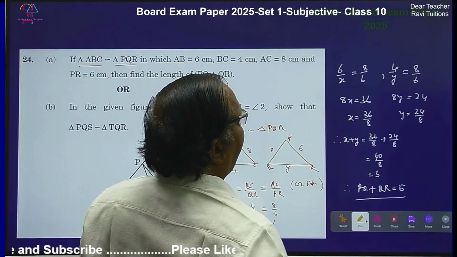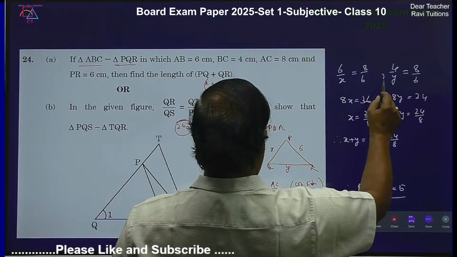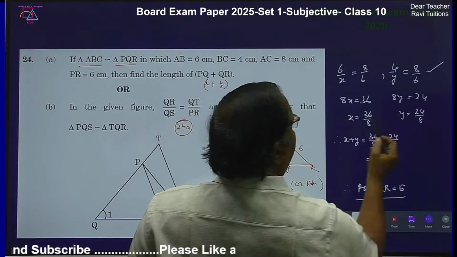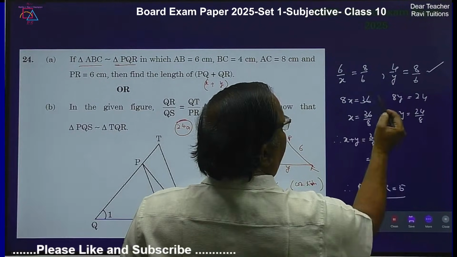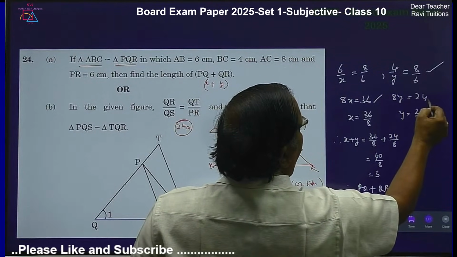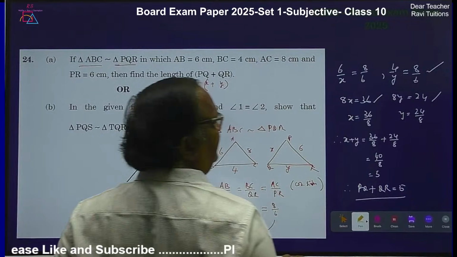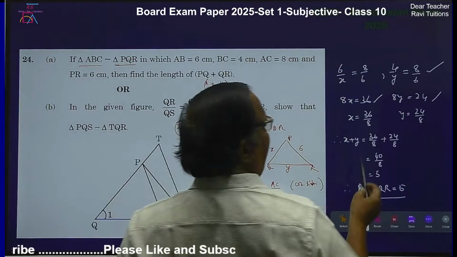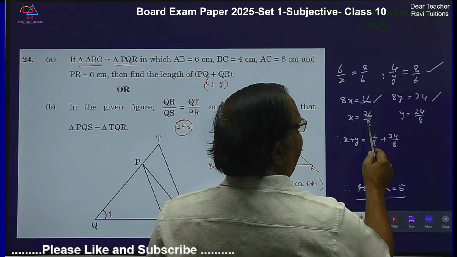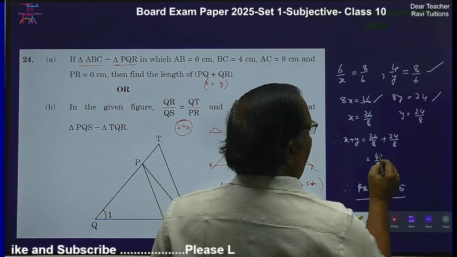So 6 by x is equal to 8 by 6. 8 by 6 is correct. 6 by x, 4 by y, this is correct. 8x is equal to 36, correct. 8y is equal to 24, correct. 36, and x plus y, 36 by 8... This is wrong.